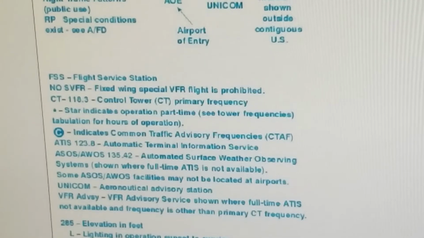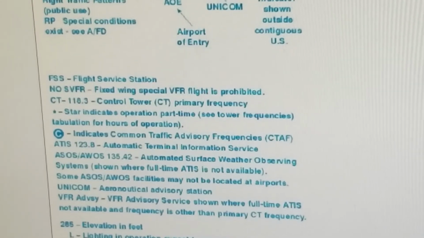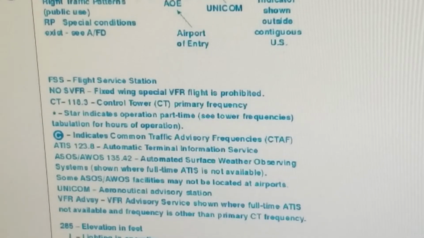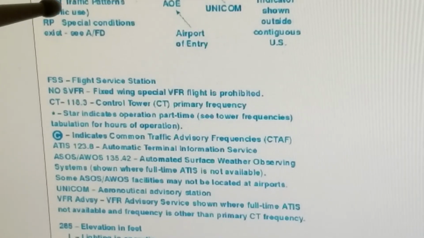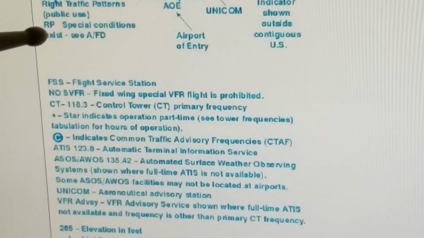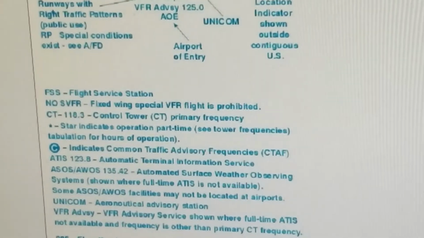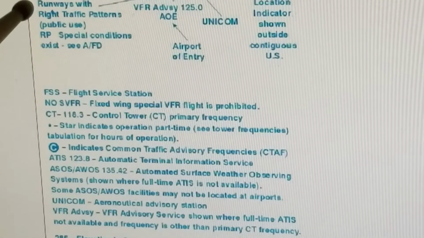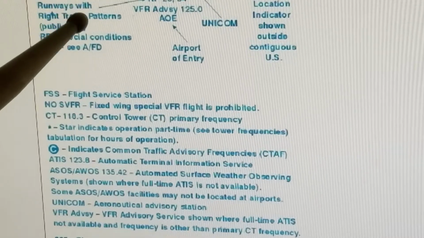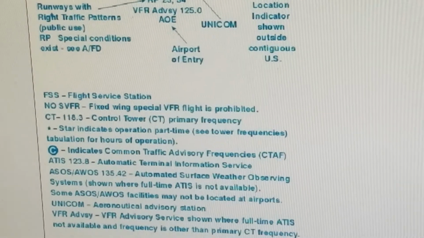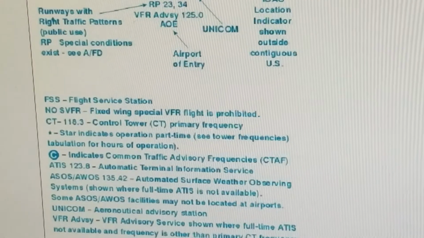And it shows here what I was talking about just now, runway with right traffic patterns. Okay, I'm sorry, I have to correct myself. Runway with right traffic patterns will be marked RP, but if it is default, there's no marking over there.